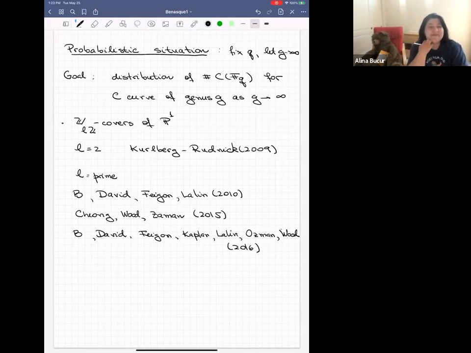Okay, so we have this idea of looking at covers of P1 where you have some group that acts on the fiber. So this is Z mod LZ covers, the first one, where for L equal to, Kurlberg and Rudnick computed what happened to the number of points in this situation in 2009. And this L equal to means hyperelliptic.